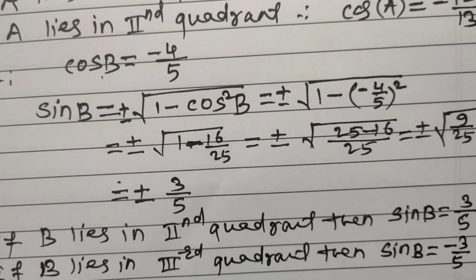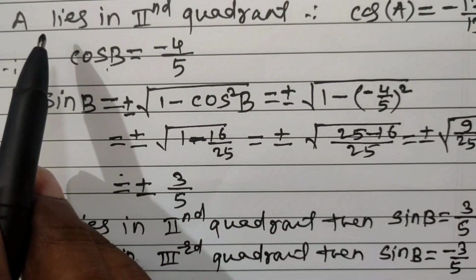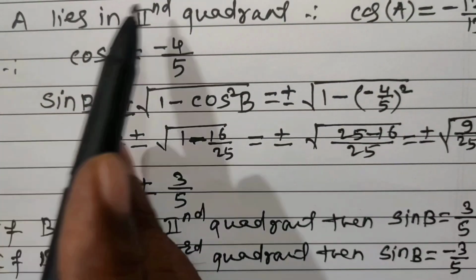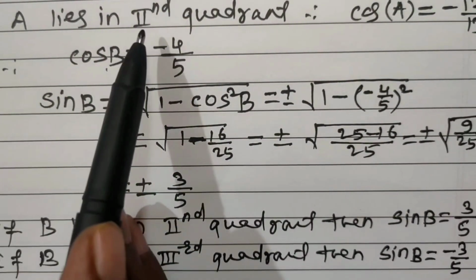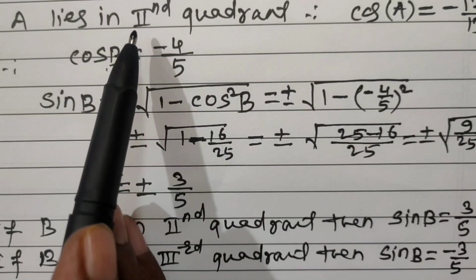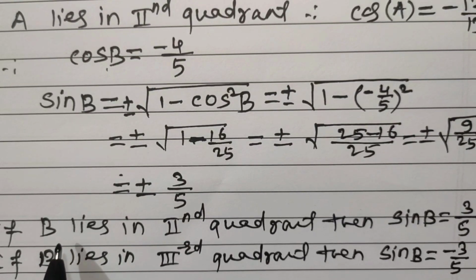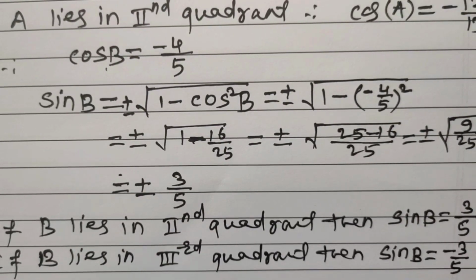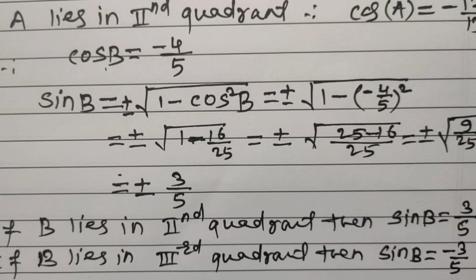Now we have to calculate the trigonometric ratios. Here it is clear that A lies either in the first quadrant or the second quadrant. Let us assume A also lies in the second quadrant, due to which sin A is positive, and B also lies in the second quadrant, due to which the cosine of B is negative. Assuming A and B both lie in the second quadrant, let us find the result.